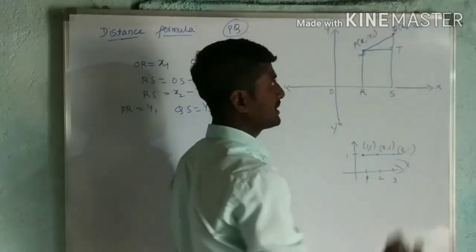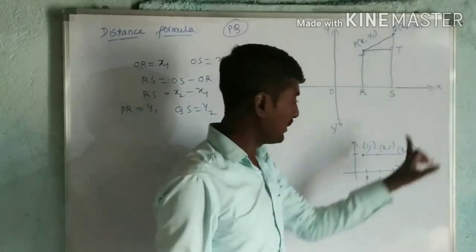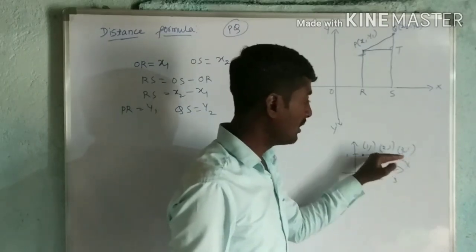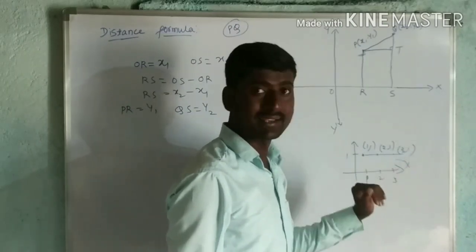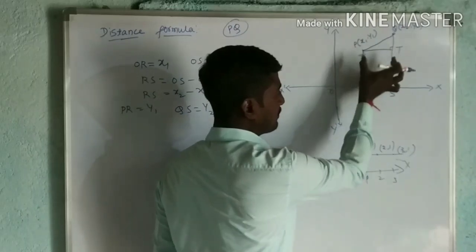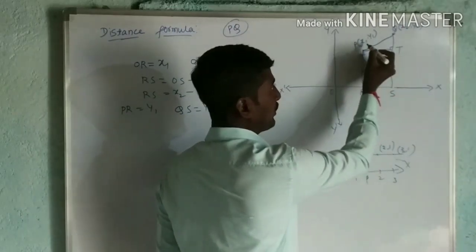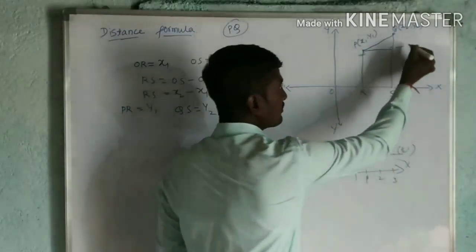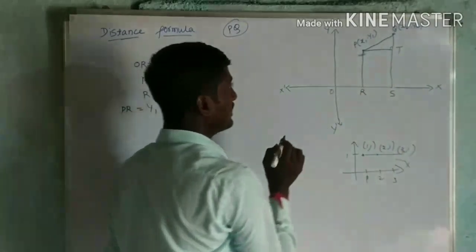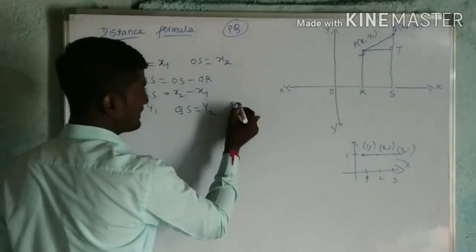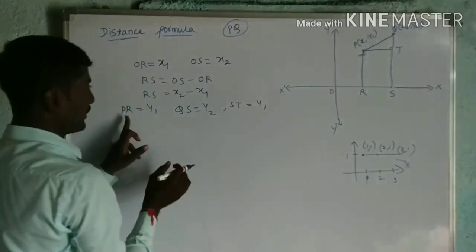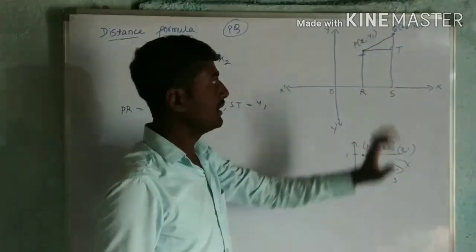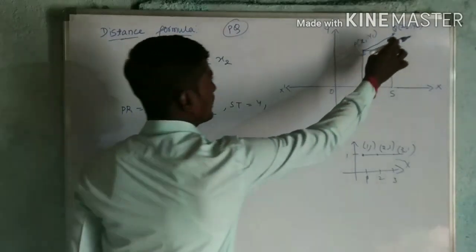What is the y coordinate of this point T? That is also y1, because this line PT is parallel to the x-axis. Therefore, the y coordinate of T is also y1. So I can write ST as y1. Now PR is also y1, ST is also y1.